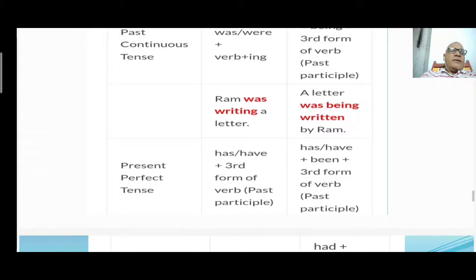Here has is singular, have is plural. The example is Rama has written a letter. Rama has written letters. When we are translating it into passive voice: letters have been written by Rama, or a letter has been written by Rama.